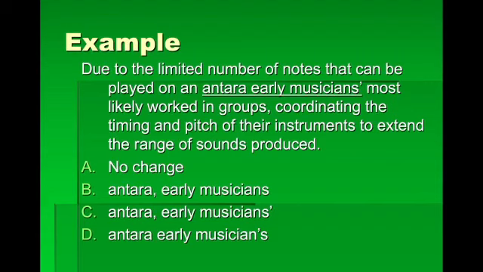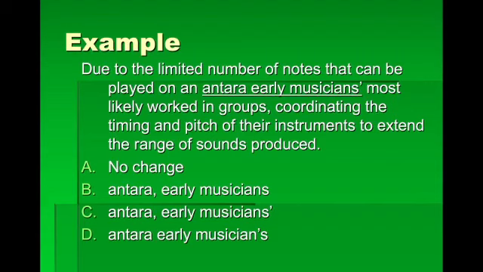So let's see if we need a comma. "Due to the limited number of notes that can be played on an antara," comma. "Early musicians most likely worked in groups." Well, we definitely want a comma there because of the dependent clause that starts with "due to the limited number." So we have choices B and C right here. Is the possessive on letter C still needed?